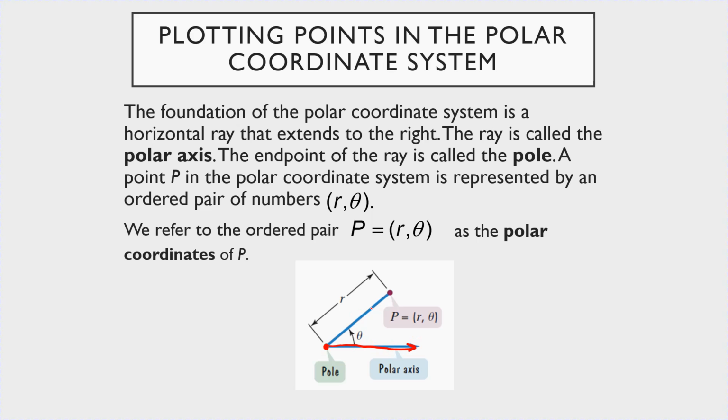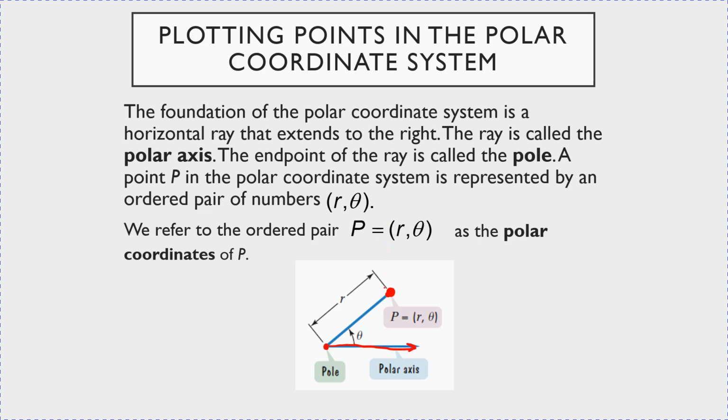It's this horizontal ray. All right, a point P, and you can see here, I have this point P in the polar coordinate system, is represented by an ordered pair of numbers, just like the xy in the rectangular coordinate system. But here, our ordered pair is going to be r and theta, okay? And we refer to the ordered pair P equals (r, theta) as polar coordinates.